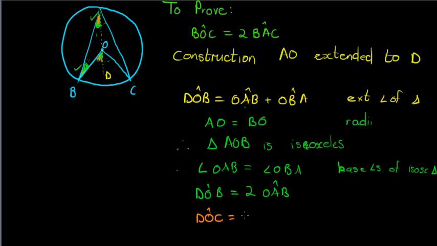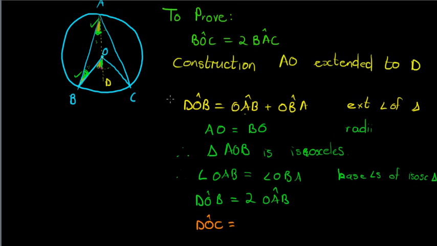DOC is equal to what? 2 times. No, we must first be doing this whole thing. DOC is the exterior angle.